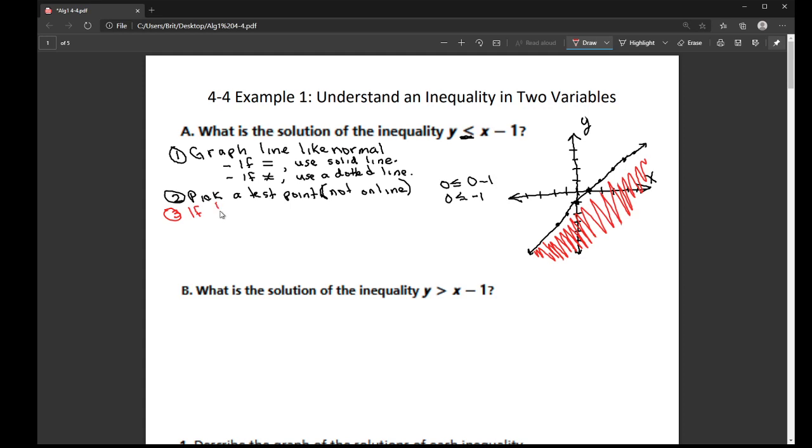So if the test point works, shade towards the point. If the test point does not work, shade away from the point.